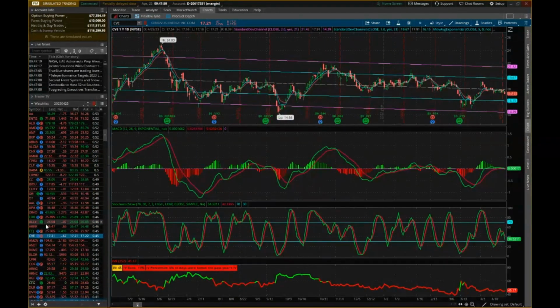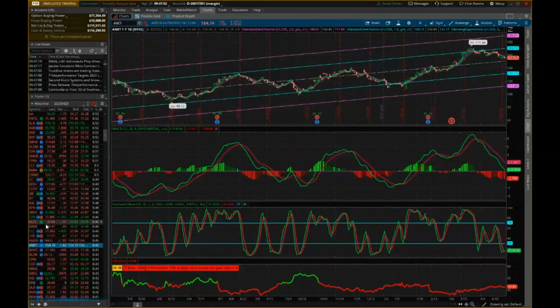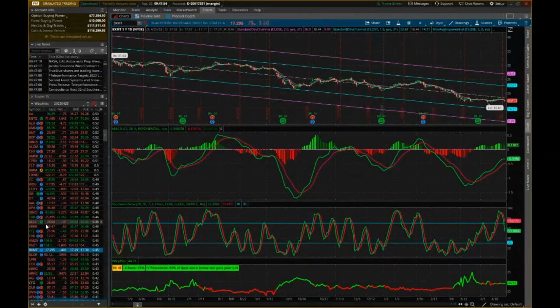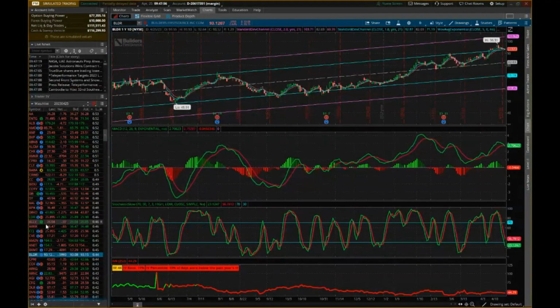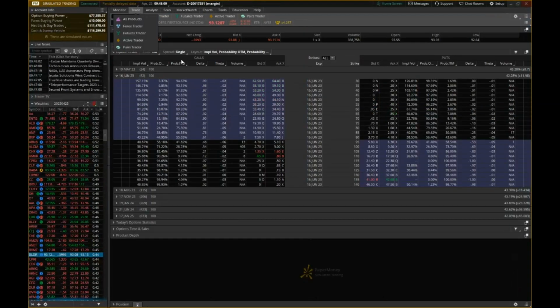I know this video is getting a little long, so I'm going to wrap it up here in a moment. BLDR. I don't like where the stochastic is, but I like MACD. Can we do like 100, 105? It's a 34 delta.